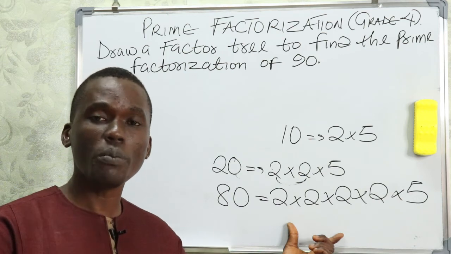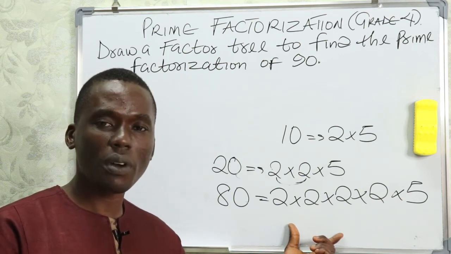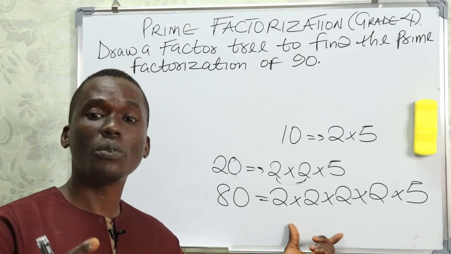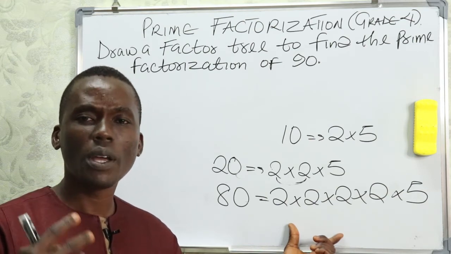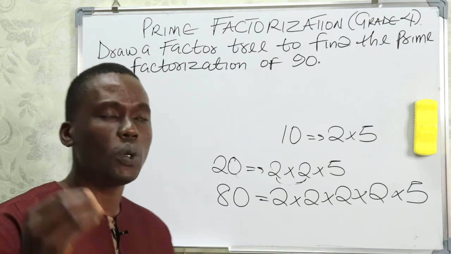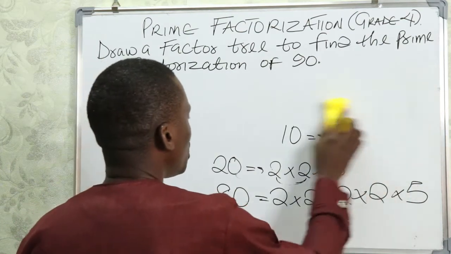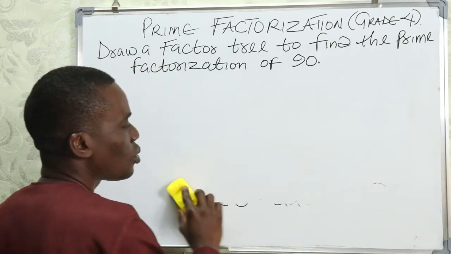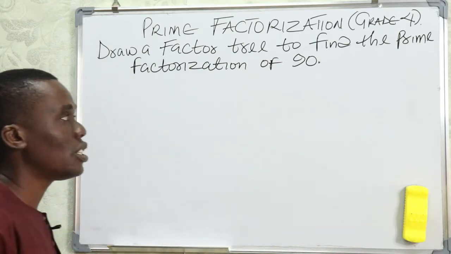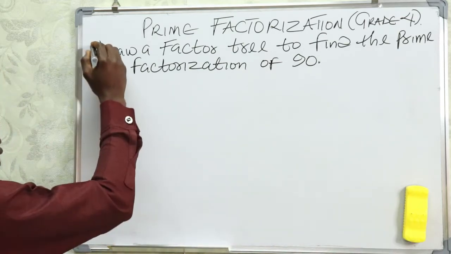And we can use two methods in finding the prime factors of a number. The first one is the tree method, and the second one is using the prime factorization method. Now in these video lessons, I'm going to show you two methods through which you can learn to solve questions on prime factorization. Now let's look at the first question.